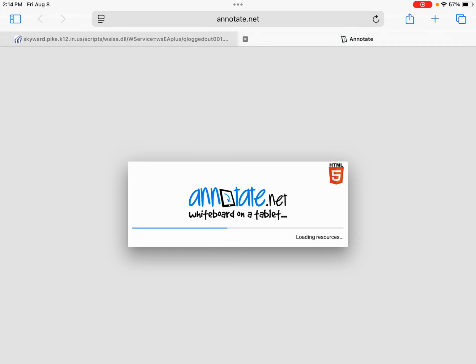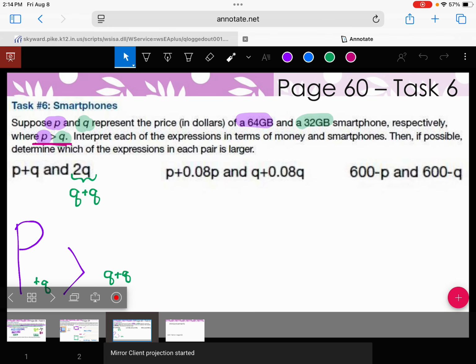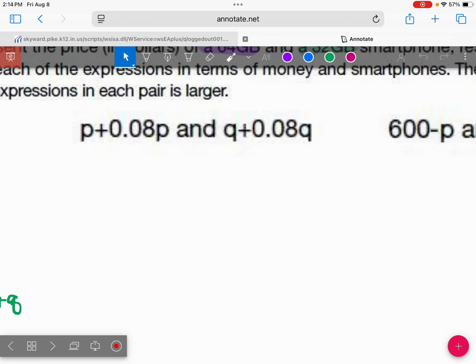So if we think about these, I've got 1P plus 0.08P. Can we combine those together? What if I have, I'm trying to think of something we could do.